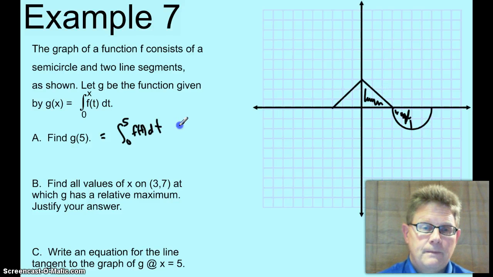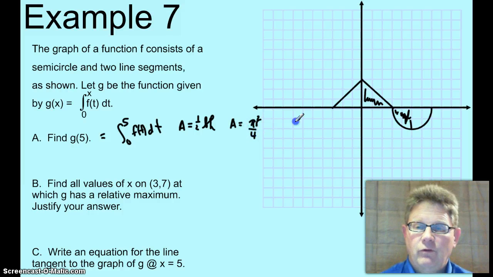So area equals 1/2 BH for the triangle, and area equals pi r squared over 4 for the quarter circle. So the base and height on that triangle are both 3. So the area of the triangle is 9/2.